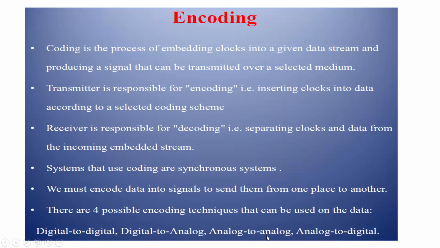Digital to analog and analog to analog encoding are basically your analog modulation schemes, like amplitude modulation, frequency modulation and phase modulation. I will not go into the details of analog to analog modulation schemes or encoding schemes.